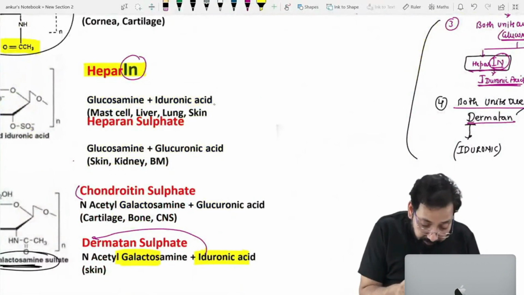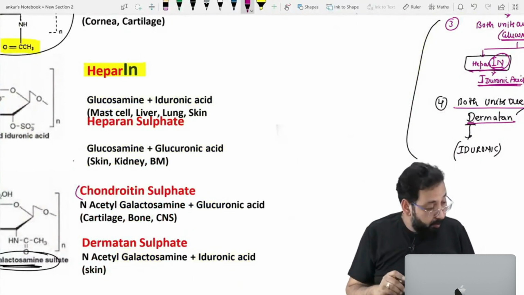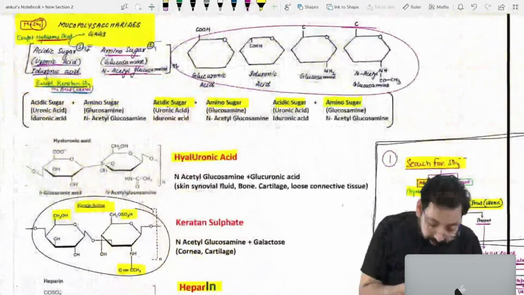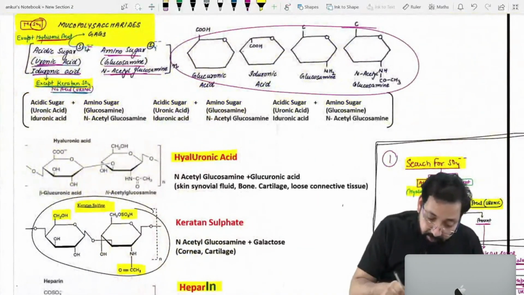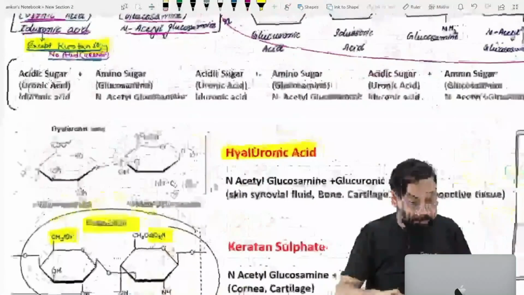But in many standard textbooks, you will find the composition given differently from what I have written. Why? Suppose this is dermatan sulfate, heparan sulfate, whatever it may be.